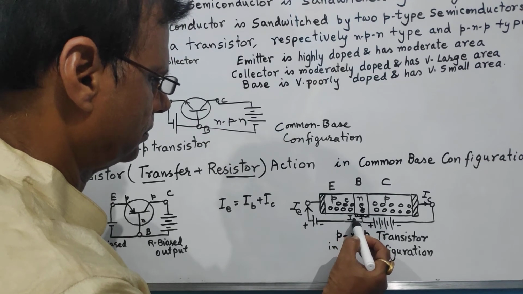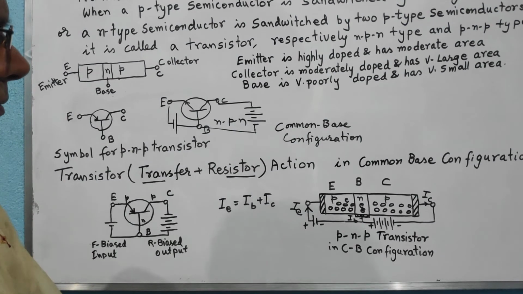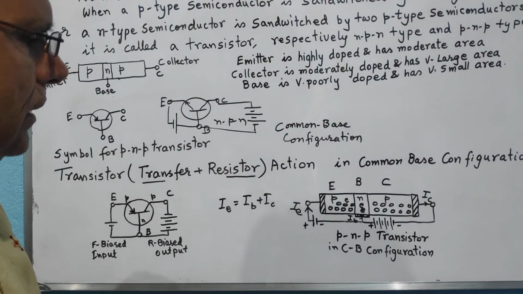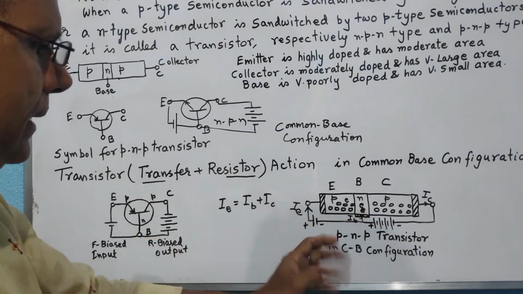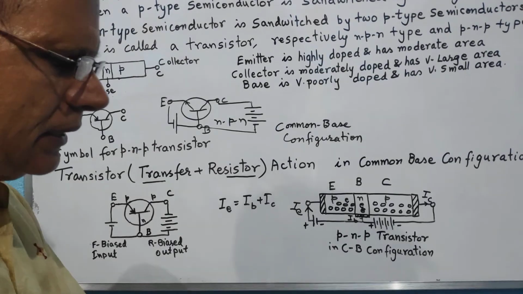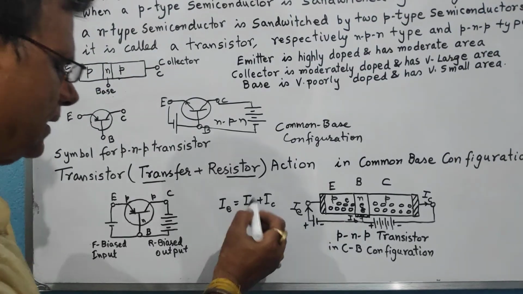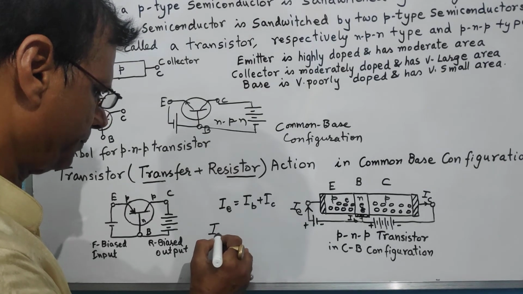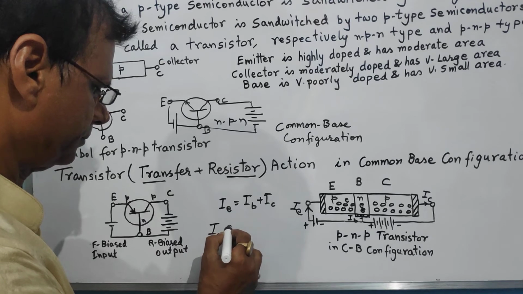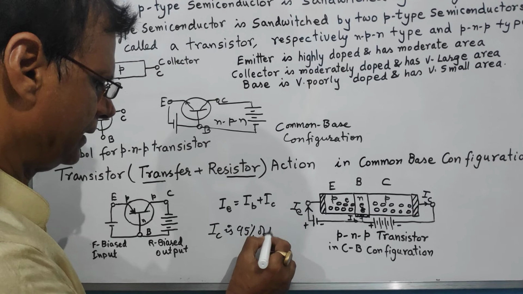So that means this is how the circuit is completed, meaning the total emitter current is equal to base current plus collector current, and the collector current is nearly 95% of emitter current.